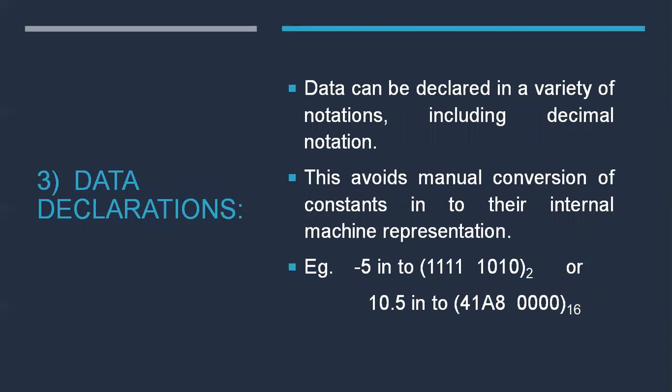Third is data declarations. So we know, again in the second year subject digital techniques, you have seen conversion of one form of a number into another form. That was just to know how the numeric number formats are there. But the computer only understands binary language.